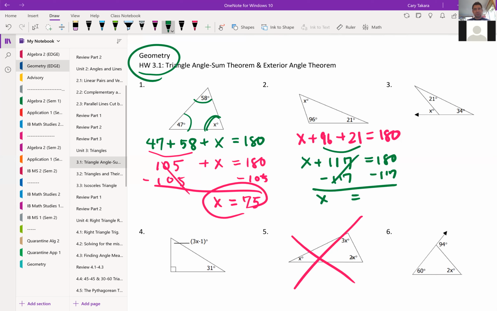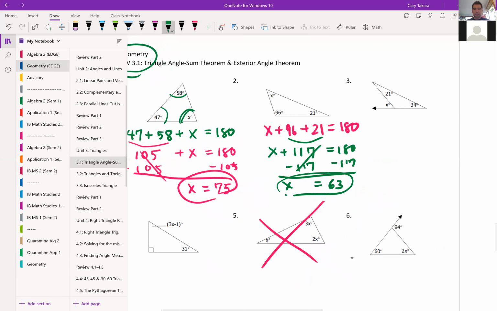X equals, what is that? 63. Very good. Saif, did you get that? 63. Whatever the method you did, as long as you are getting the right answer, that should be good. Very good.